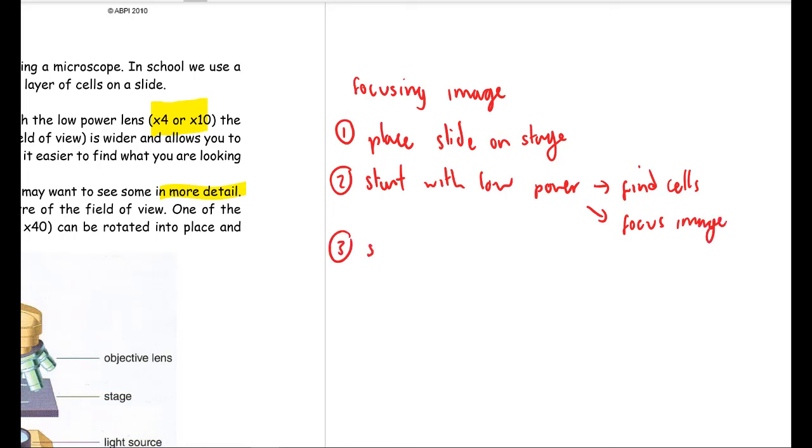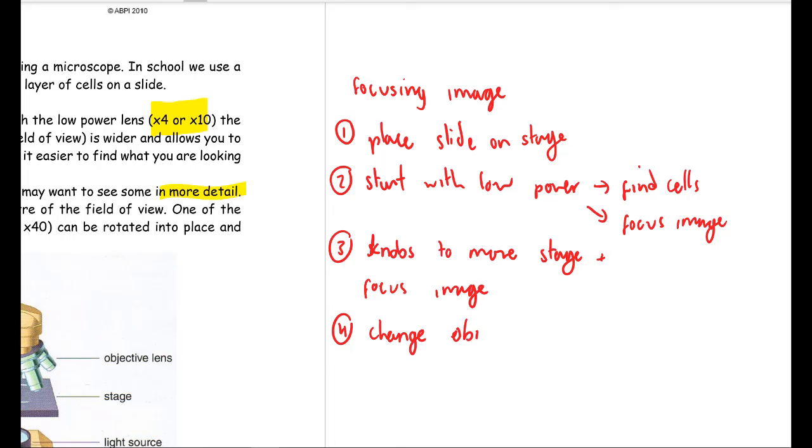You then use the focusing knobs to move the stage and focus the image. Then you change objective lens to a higher power, and you would do that to see in more detail.